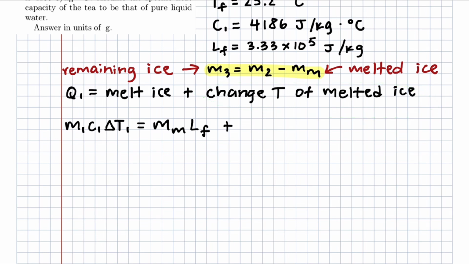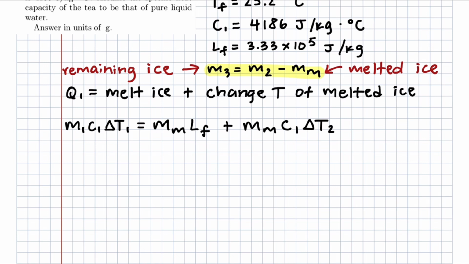So that's Q equals mc delta T. But of course we'll have melted ice, that's water, so we can say C1 and then delta temperature 2, because the ice is what's changing. Well, not the ice, but when the ice melts, then that melted ice changes its temperature.